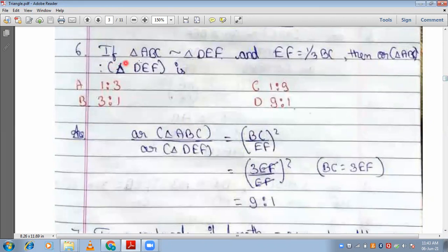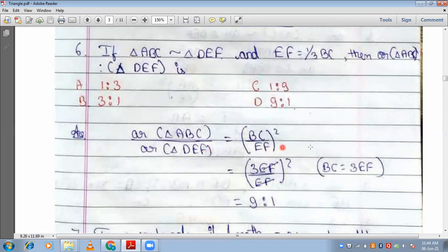Sixth question. In triangle ABC, if triangle ABC is similar to triangle DEF and EF is equal to 1 by 3 BC, then area of triangle ABC is to area of triangle DEF is dash. So again, two triangles are similar. Apply the formula: area of triangle ABC divided by area of triangle DEF is equal to BC square by EF square, the square of the corresponding sides.